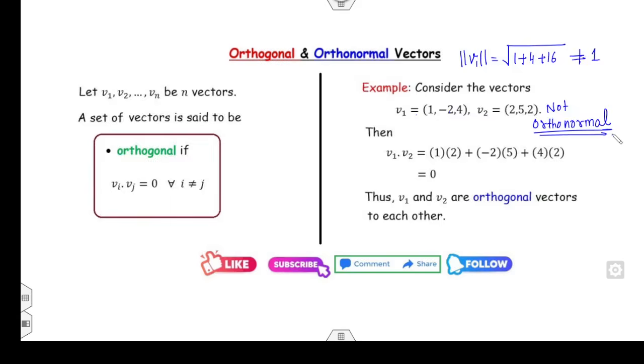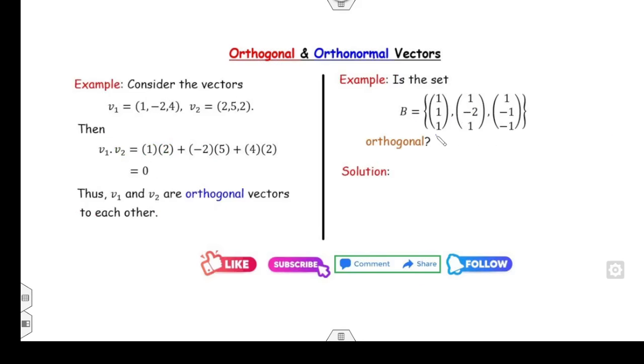Clear? Look at the second example. If I consider this is my v1, this is my v2, this is my v3. Can you find v1 dot v2? First element with the first one, then minus 2, then plus 1. This is 0. Can you find v1 dot v3? v1 dot v3 is 1 minus 1, which is equal to minus 1, which is non-zero.